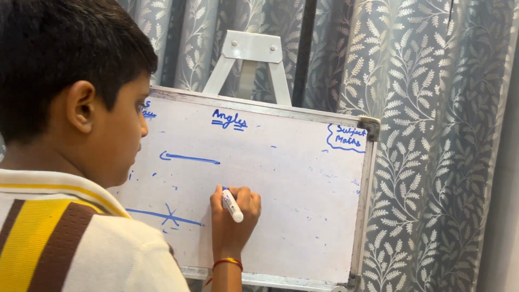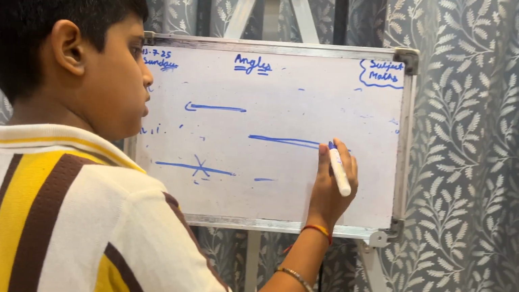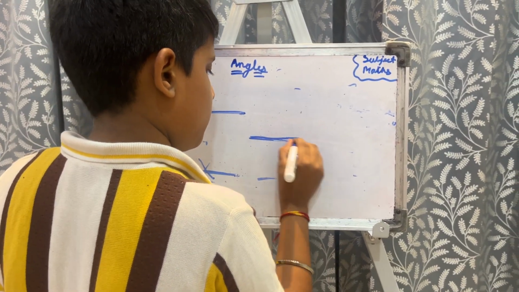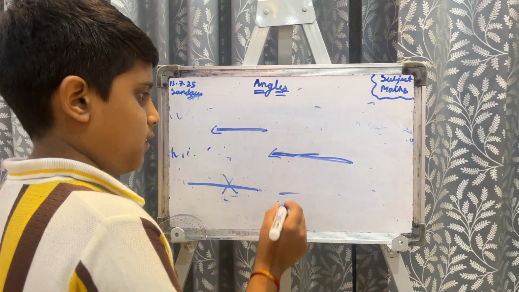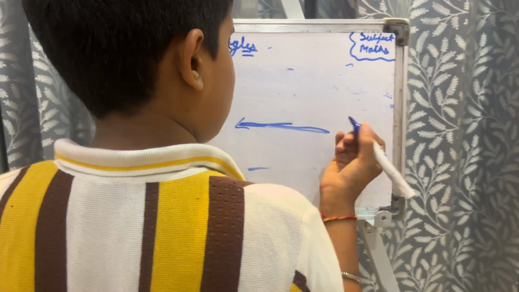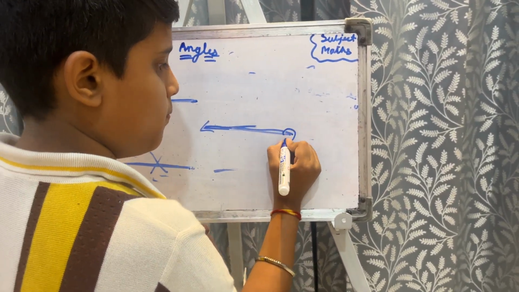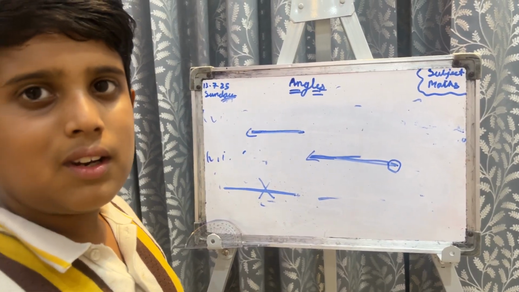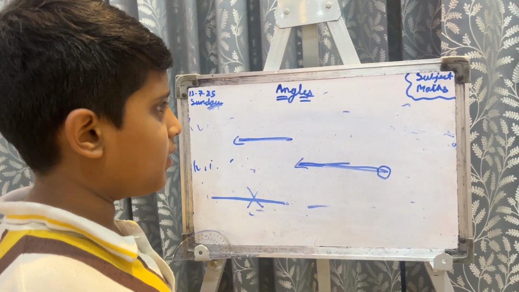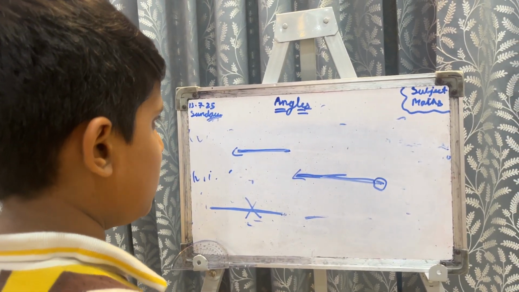They will give you questions like this. In exams they will give you markings, so you will not be confused. But in higher classes they will not give you, so you have to imagine it like I have done.